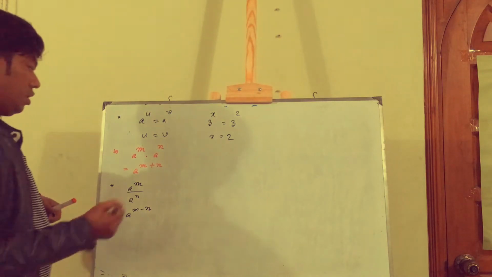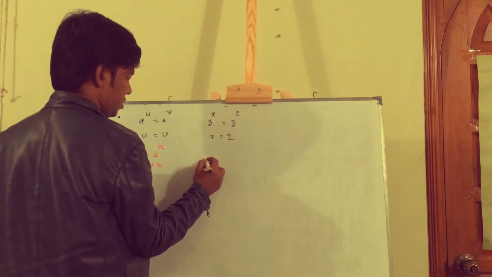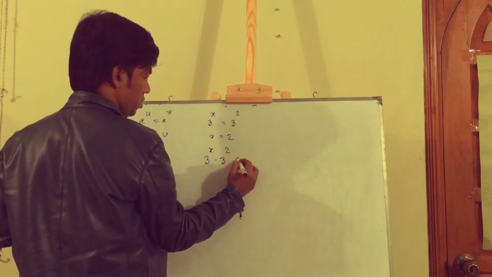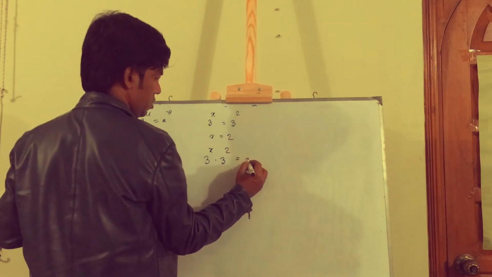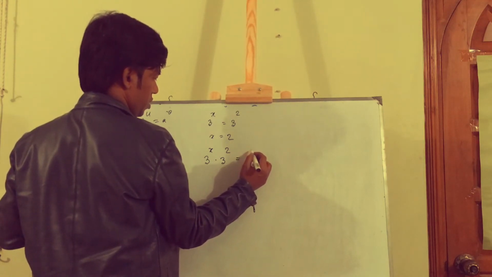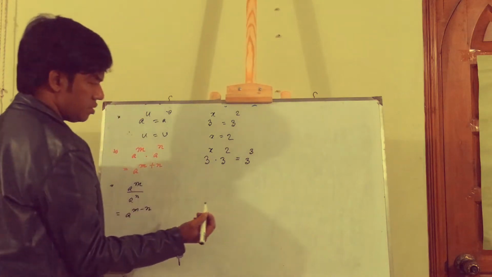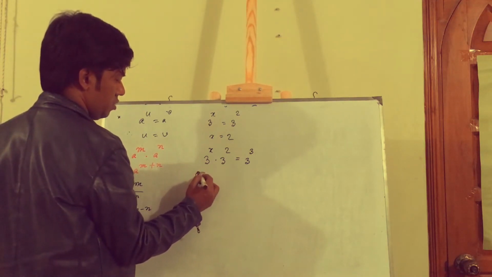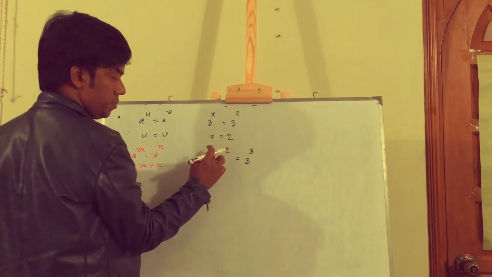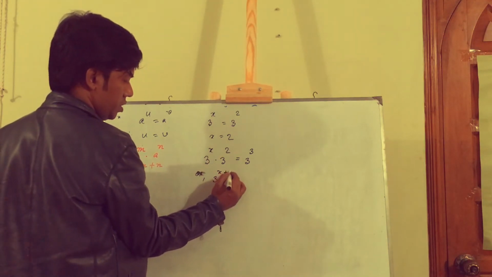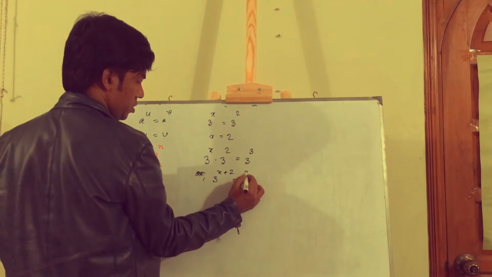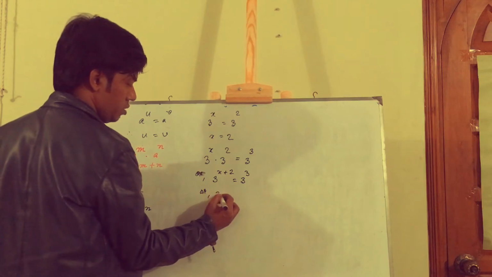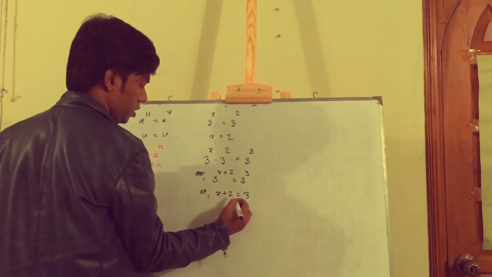An example of this maths: let's say you have 3 to the power x into 3 to the power 2 equals 3 to the power 3, just whatever. Then we can write 3 to the power x plus 2 equals 3 to the power 3, because x and 2 are added. Now 3 and 3 are the same base, so x plus 2 equals 3.